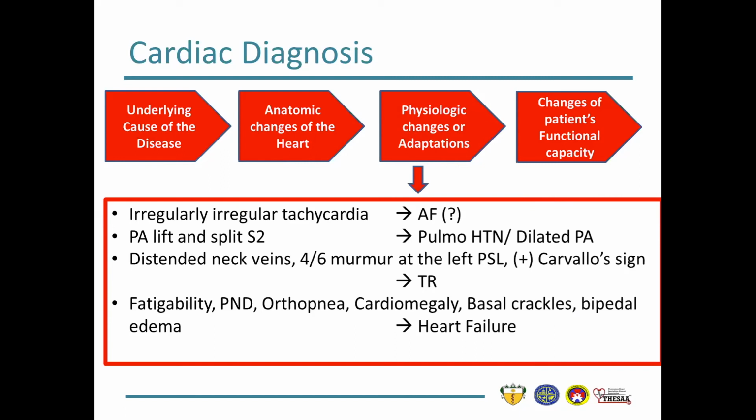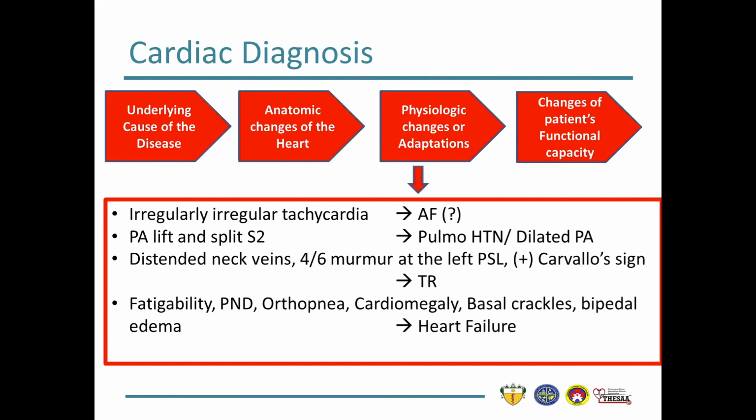The patient has a PA lift and a split S2, which may also point to pulmonary hypertension or a dilated pulmonary artery. The patient has a distended neck vein with a 4 over 6 murmur at the left parasternal line and is positive for Carvallo's sign, which is typical of tricuspid regurgitation.